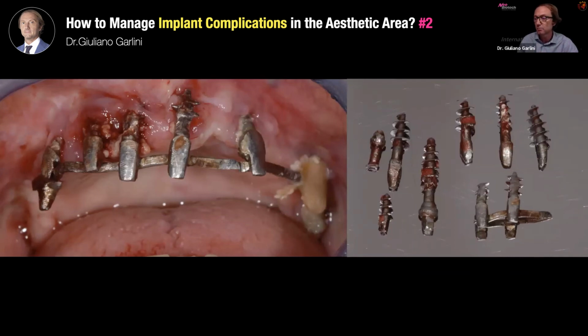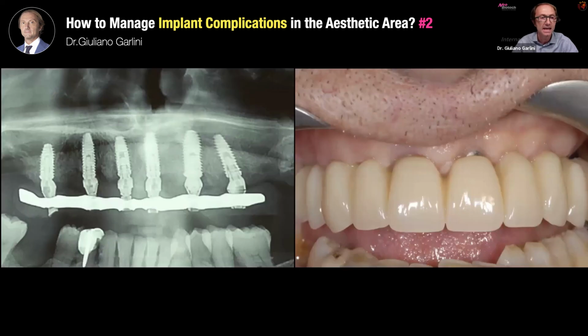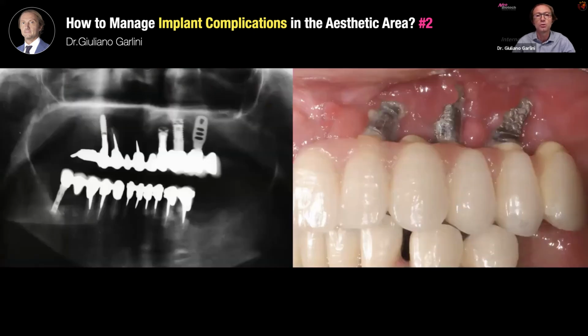Obviously, it's not possible to deal with this situation again, so you have to remove the prosthesis, you have to remove all the implants and go on again with the case, inserting, in this case, 6 NeoBiotech implants and the new screwed-in prosthesis.